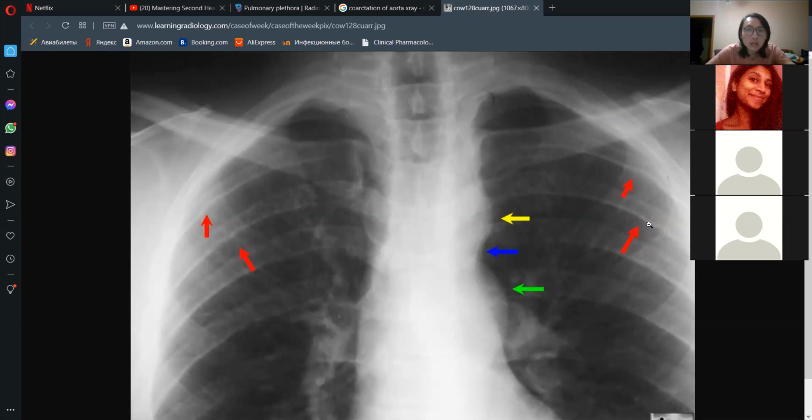Like I said earlier, the collateral circulation or perfusion will try to compensate for the narrowing of the aorta, and the most frequent collateral compensation is the intercostal arteries. They are dilated, and that is why you see notching on the ribs in your X-ray picture.